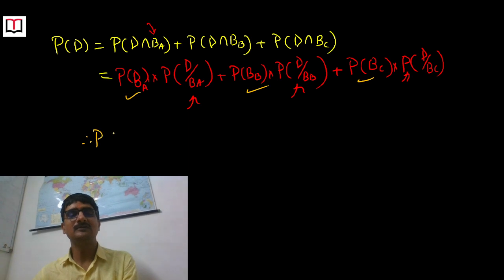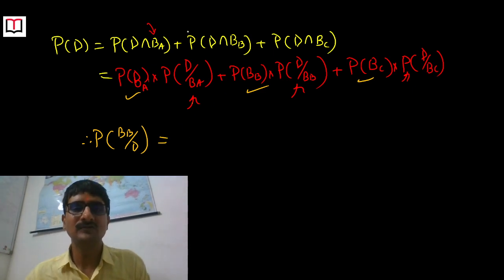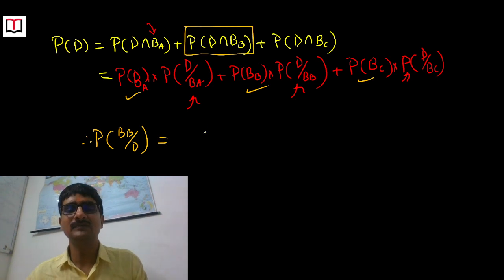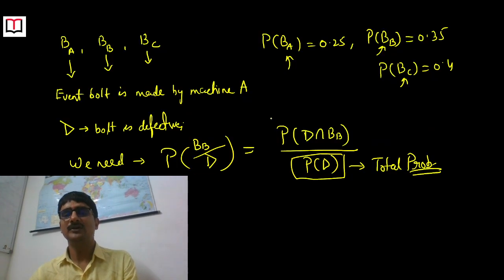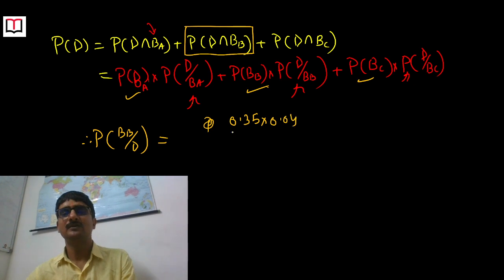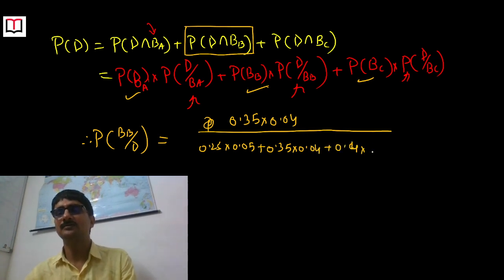Now just put in the values, and I always say not to solve it here, because the numerator is always one of the terms of the total probability. So it's the probability of B, which is 0.35, into 0.04, divided by 0.25 into 0.05 plus 0.35 into 0.04 plus 0.4 into 0.02.